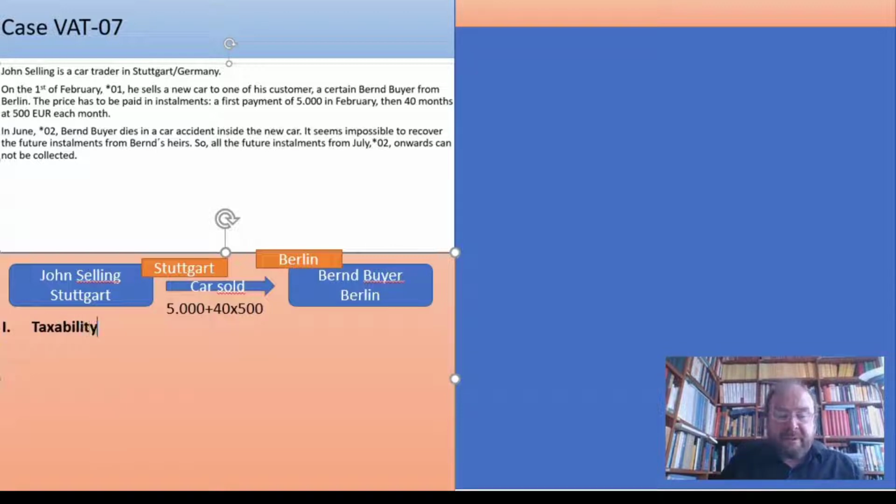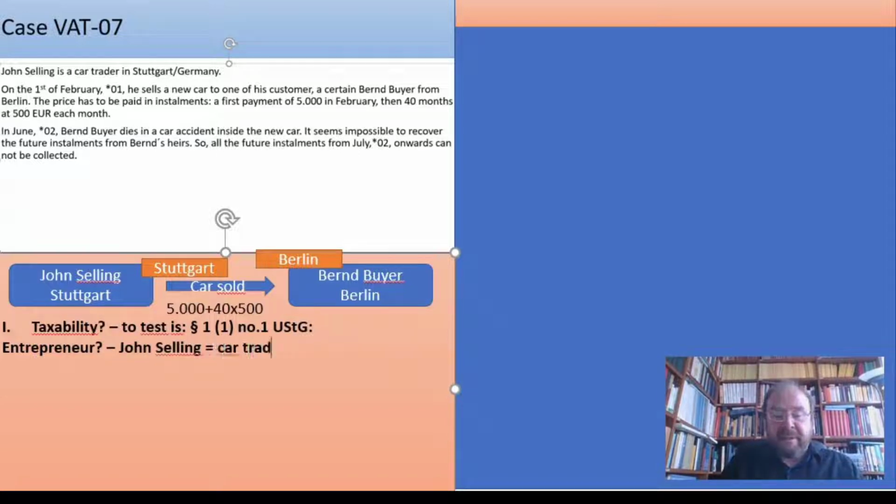So taxability to test is again paragraph 1, number 1, because the only viable alternative, which would be number 5, is something which we have not yet discussed and which is not possible here. Let's just believe that. Do we have an entrepreneur as the person who acts? Yes, John Selling is a car trader, so an entrepreneur, sentence 1 and 3 of the UStG.